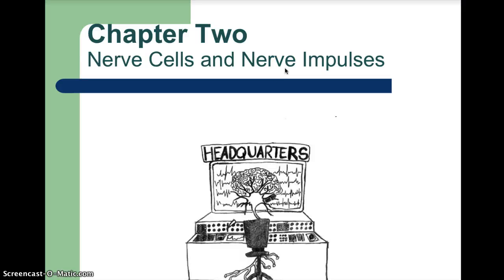Hi, we're going to work on Chapter 2, Nerve Cells and Nerve Impulses. This is one of the most important areas of physiological psychology, trying to understand these structures. The neuron, the nerve cell, is the smallest building block in the nervous system.